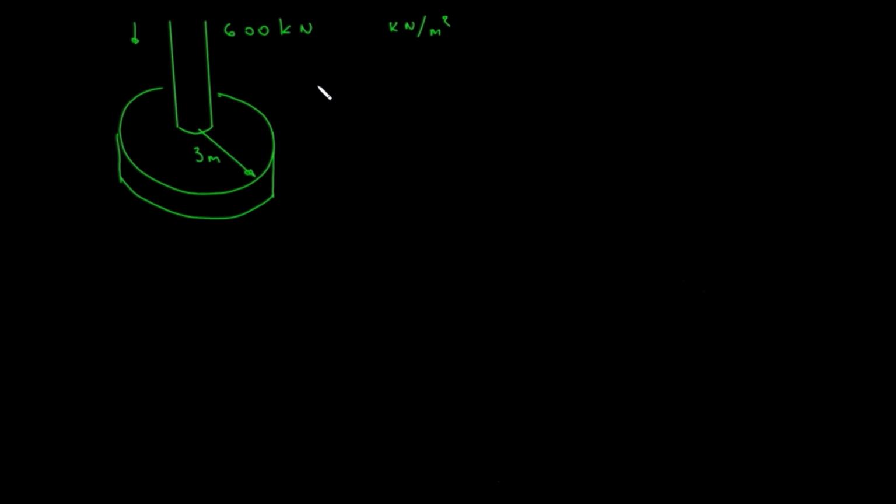Now we know that the area is equal to pi r squared. The more you write it, the more you remember it. In this case r is equal to 3 meters. So the area is equal to pi times 3 squared, which in turn is equal to pi times 9, but we normally write it the other way around, 9 pi.